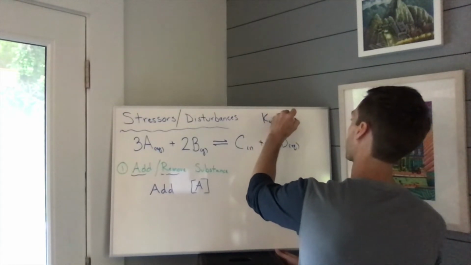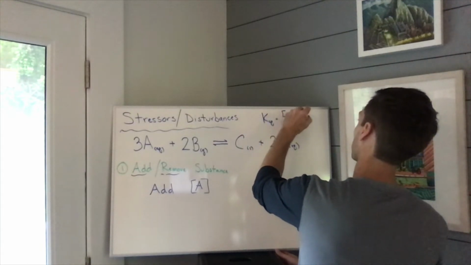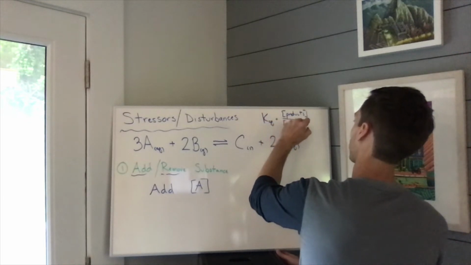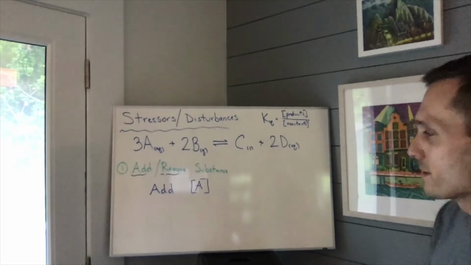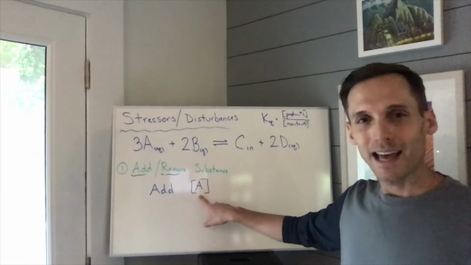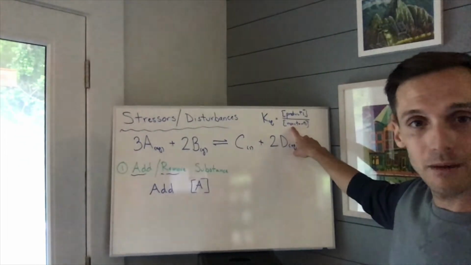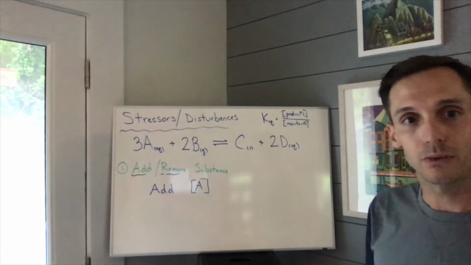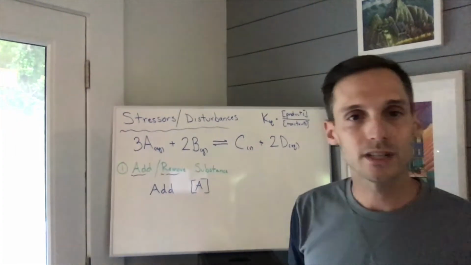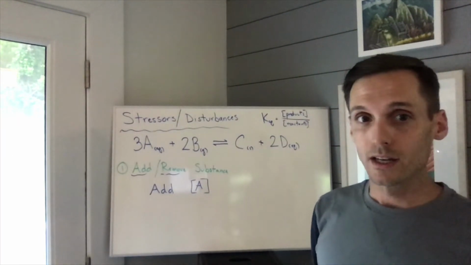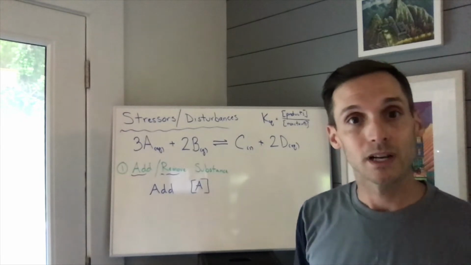KEQ is products over reactants. Get that in your head forever. Products over reactants. So if we add A, that's our reactant, we're going to increase the denominator, right? So it's going to throw it out of equilibrium. But the question is, which way would this reaction then proceed to gain equilibrium again?